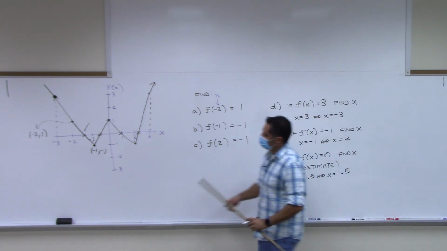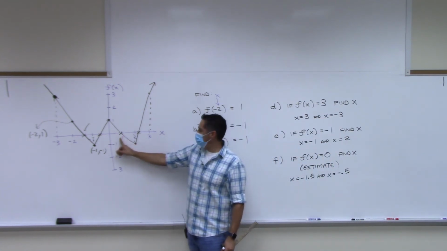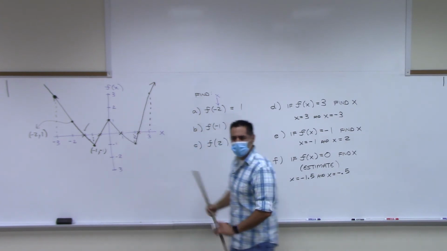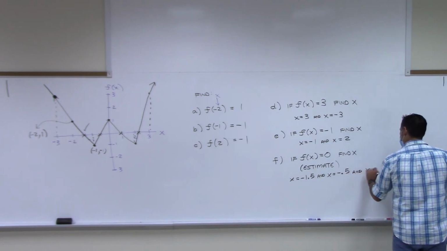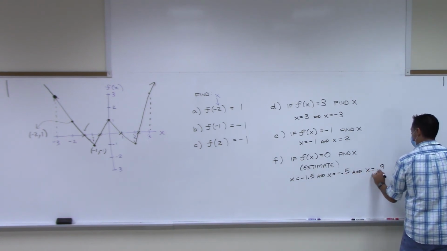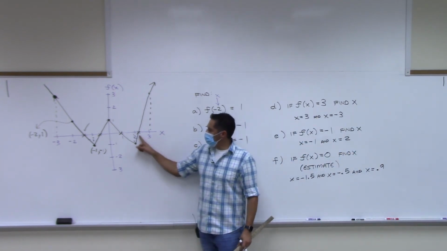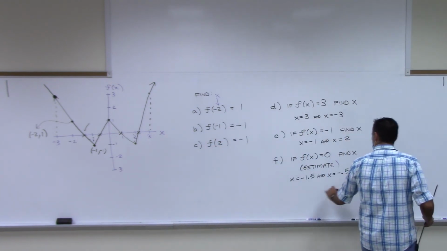And then, well, that one, yeah, what do you think? 0.9 maybe? You could say 1, I wouldn't be upset. And x is 0.9. And then, how about this one? 2.2, good, I'm happy with that. And x is 2.2.